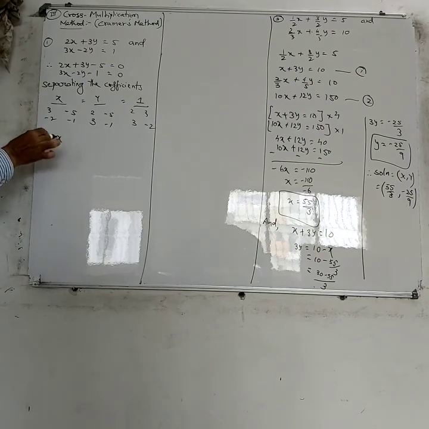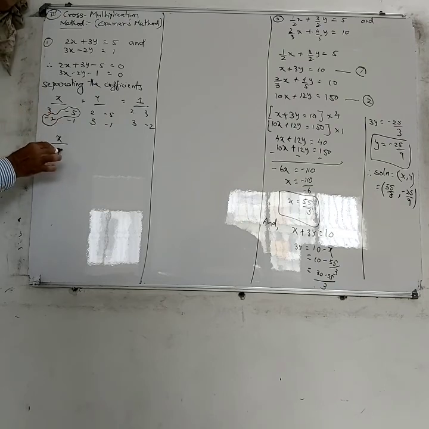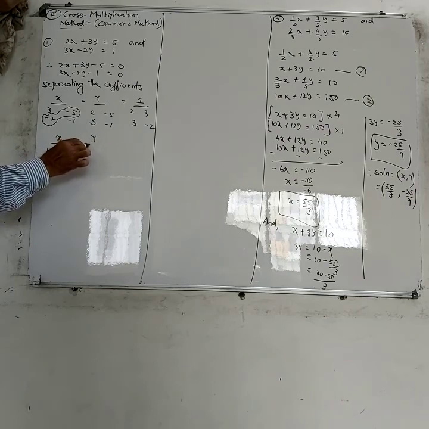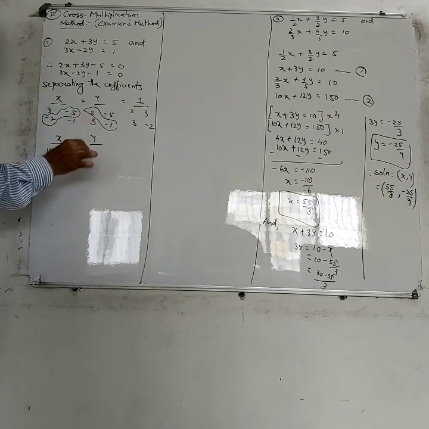Now, x upon, multiply this. Be careful here. 5 into 2 is 10. Put a minus sign: 3 into minus 1 will become plus 3. Now in this case, you must be careful. First, 2 into minus 1 is minus 2, then minus sign, 3 fives are 15, plus 15.